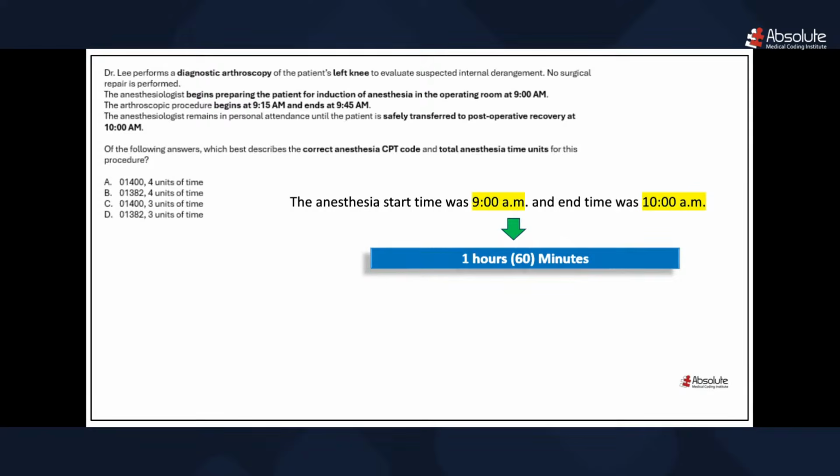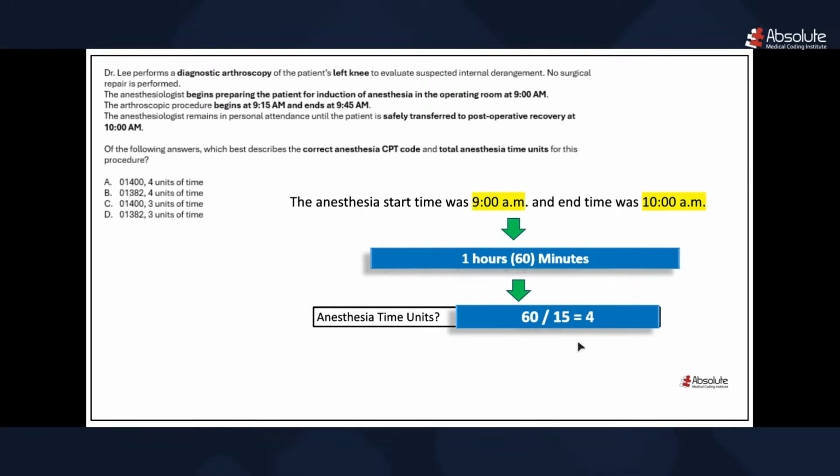That is 60 minutes. Now, in order to calculate the anesthesia units, what do you do? You divide that 60 minutes by 15 because we know that 1 unit equals 15 minutes. So you divide 60 by 15, and you get anesthesia time units as 4.